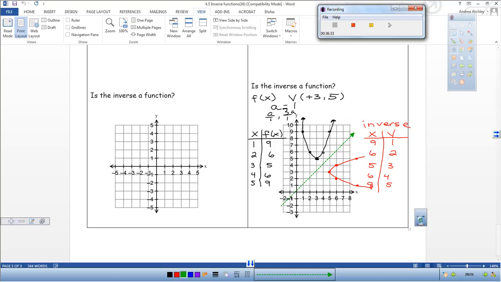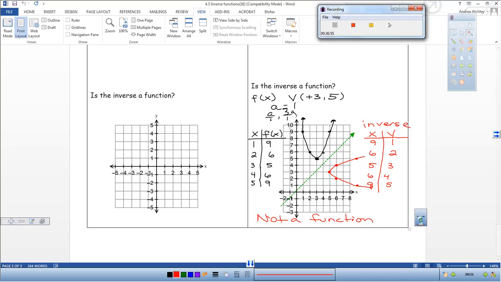Okay, and is that new graph a function? No. Madison, why is it not a function? Very good.